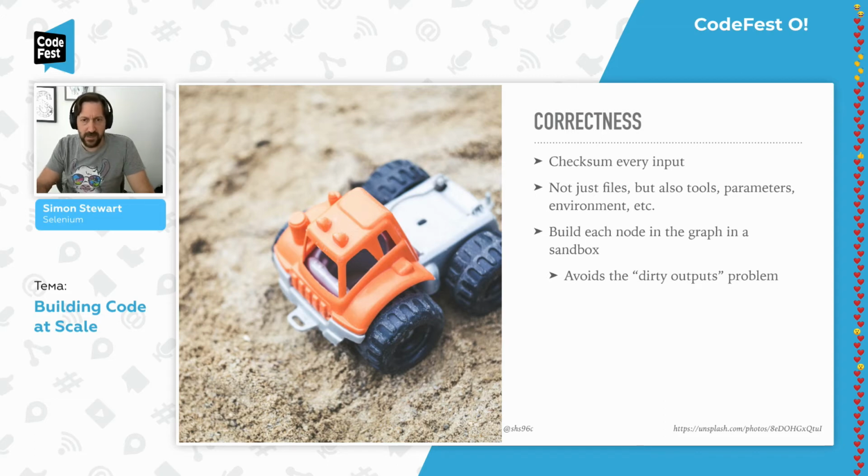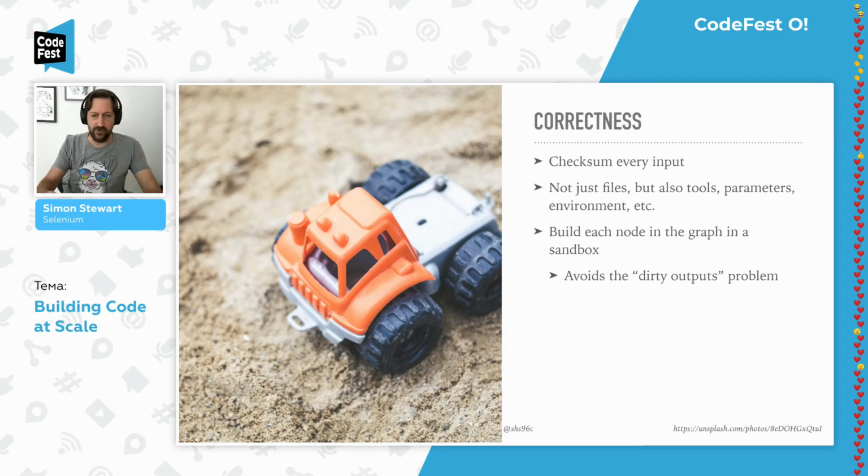Correctness. How do we ensure correctness? And Docker actually gets this right. The correct way to verify whether something has changed is to take a look at a checksum. So we should be checksumming every input, every file on a disk. And maybe back in the 1970s or 80s, this would be a slow operation. But with an SSD and modern CPUs, you can generate checksums for every file in the directory in a ridiculously short period of time.